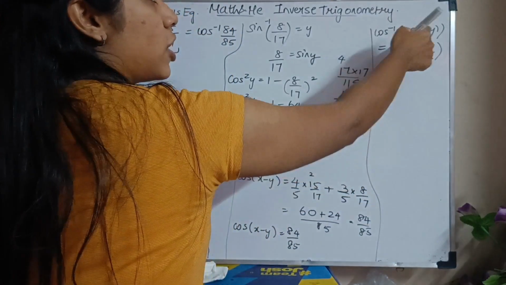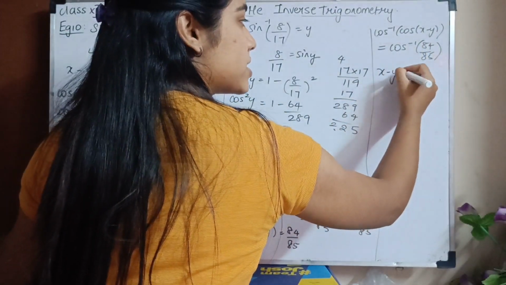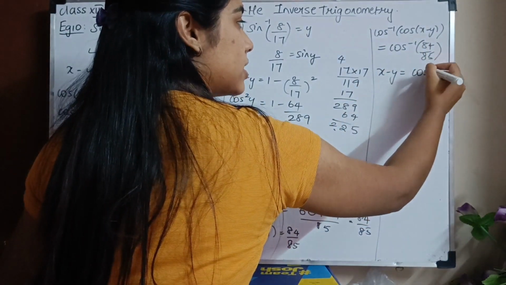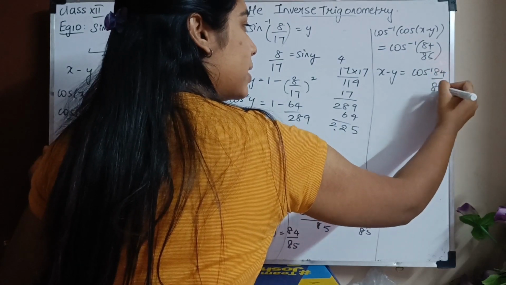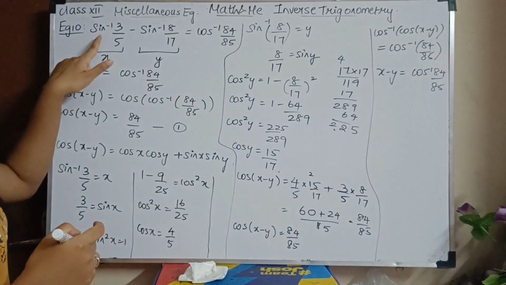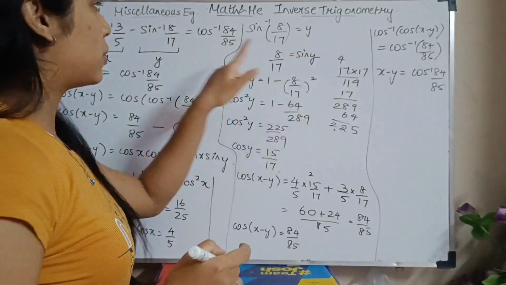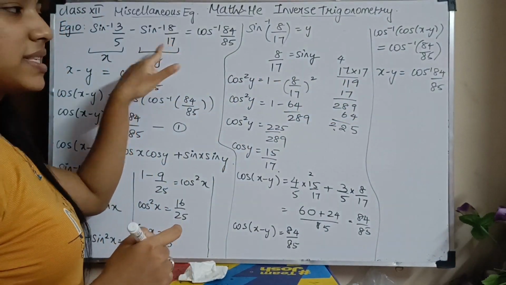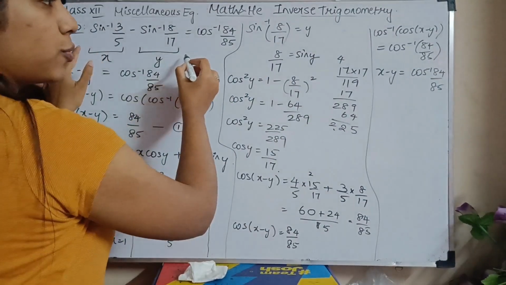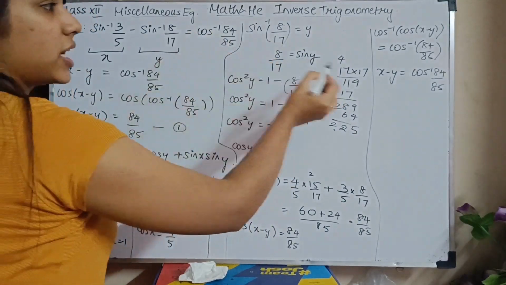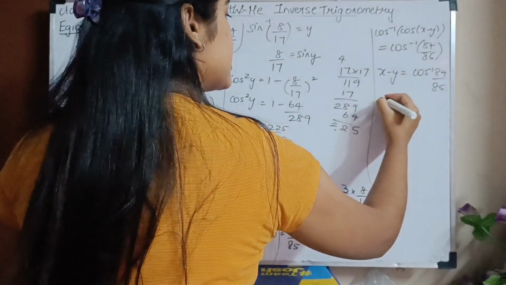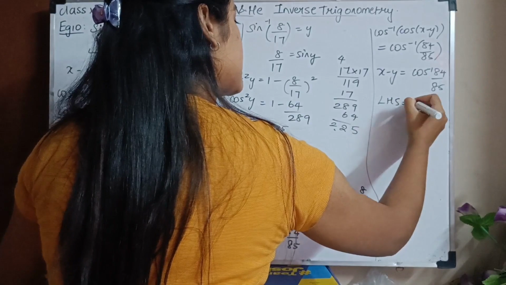Cos inverse of cos of some value is the value itself, so what is on the RHS? Cos inverse of 84 divided by 85. What is my x? It is sin inverse of 3 by 5. What is my y? It is sin inverse of 8 by 17. So we have proved the LHS, and we have proved the RHS. So hence LHS equals RHS.